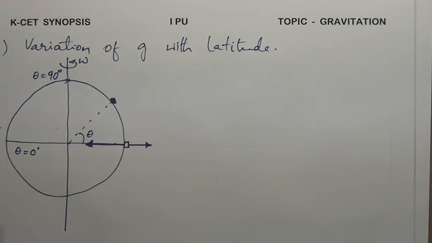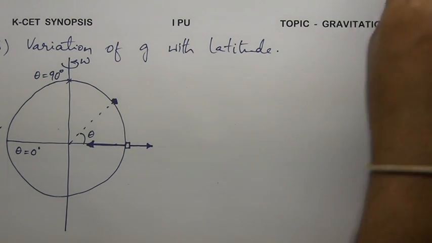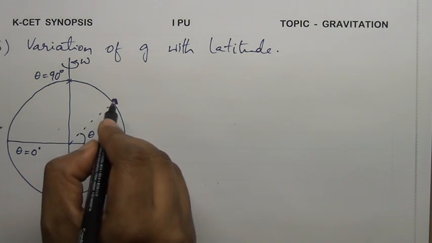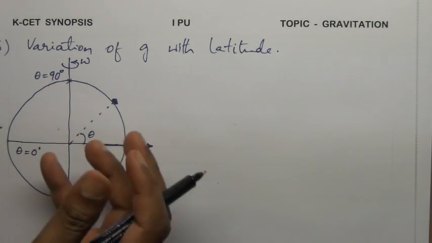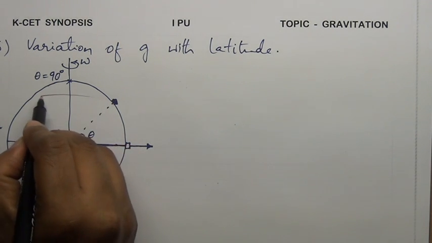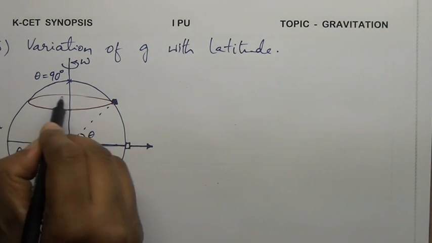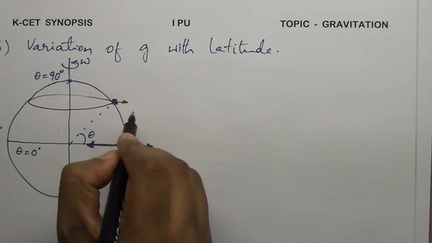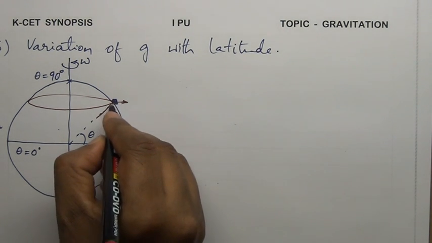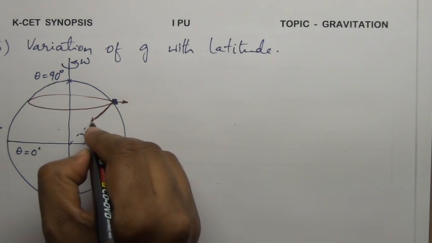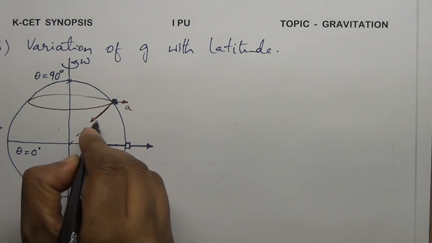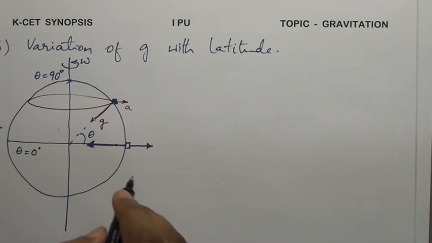Okay, fine. At some position where latitude is theta, when the earth spins, this object will be moving along the circumference of this circle. Therefore this object experiences this small centrifugal force, whereas there is a large gravitational pull. This is centrifugal acceleration. This is acceleration due to gravity.